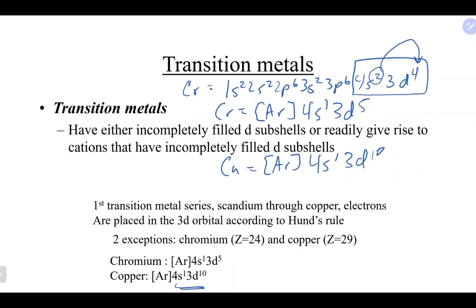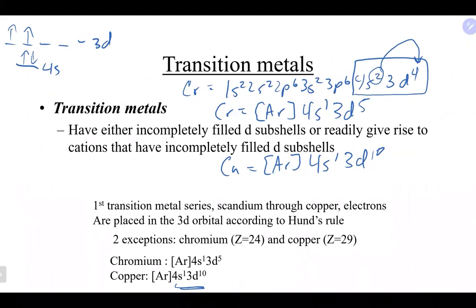It's able to do this because the 4s orbital and the 3d orbitals are really, really close in energy. It doesn't take a lot of energy for that electron to pop up into the higher energy level. What happens when we start filling the d orbitals is they end up switching in energy.